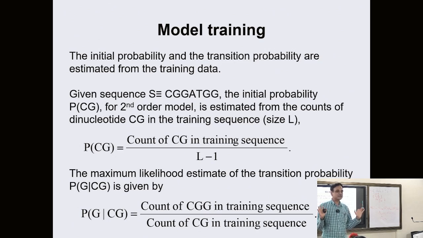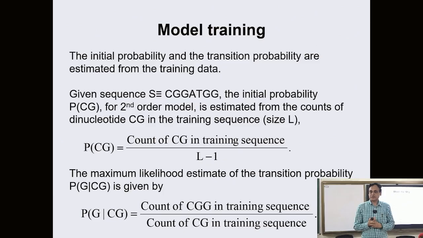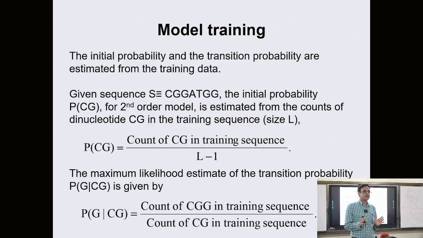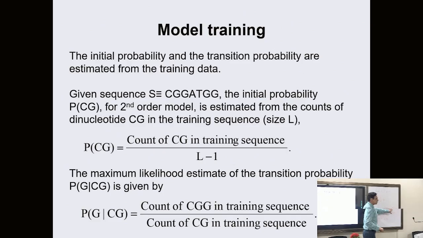Given training sequences, which are labeled data, in this example validated protein coding sequences and validated non-coding sequences, you train a model on validated protein coding sequences, and then train another model on validated non-coding sequences. Then you will have a trained protein coding model and a trained non-coding model, and then you can compute these probabilities, because now you know the values of these probabilistic parameters.